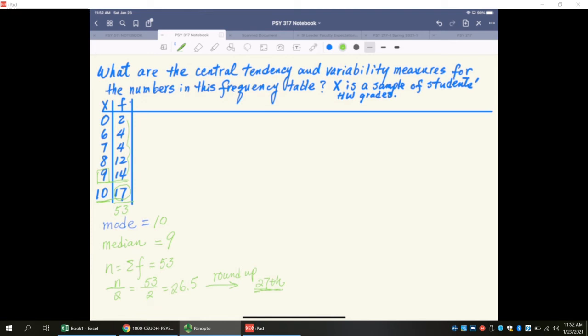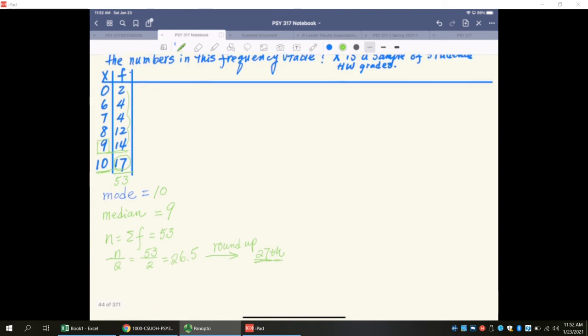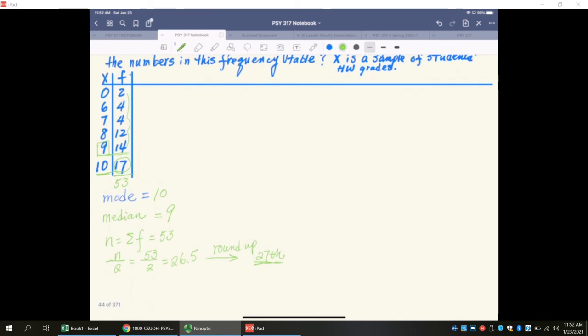All right, the next step is calculating the mean. We actually did this in class, so I'm just going to process it quickly. As we were saying, the mean is all the values added up divided by the sample size.